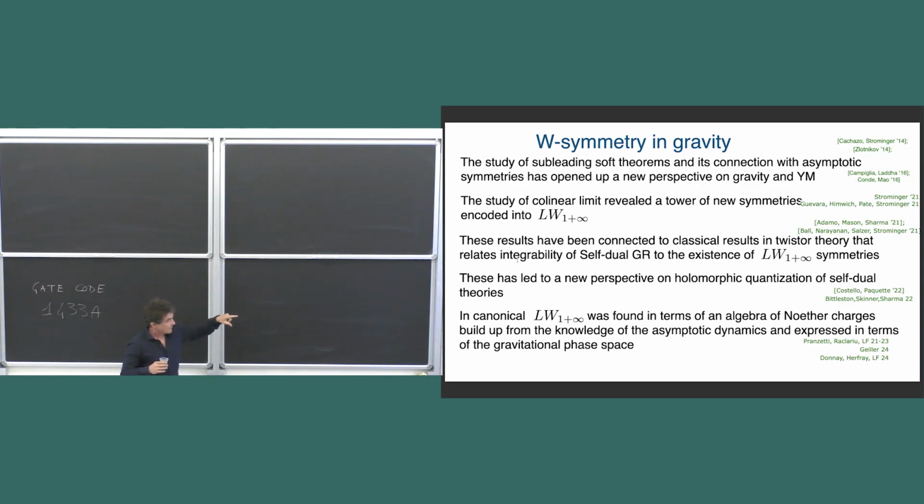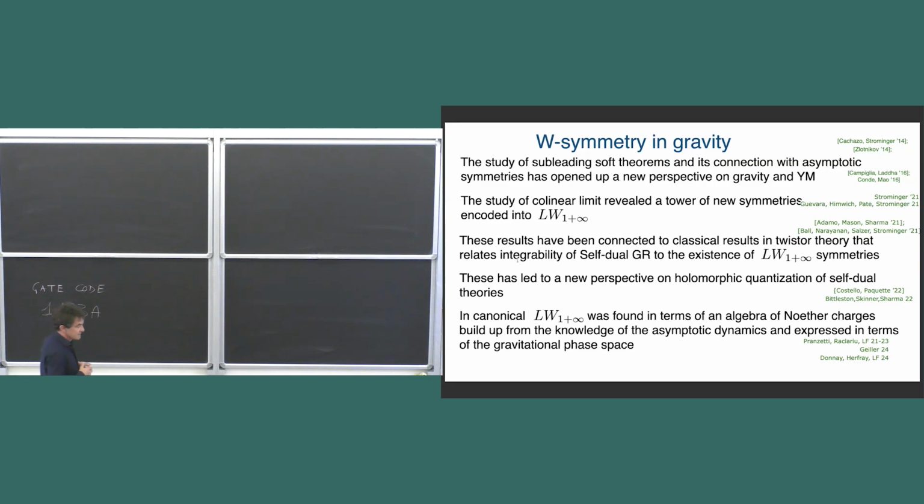Now, where I came in is that I like to study these symmetries. They were first found in the amplitude business, looking at the collinear limit, but we can also do the usual analysis of asymptotic symmetry in terms of the symplectic potential and Noether theorems, looking at boundary conditions at infinity and trying to see conservation of charges there.